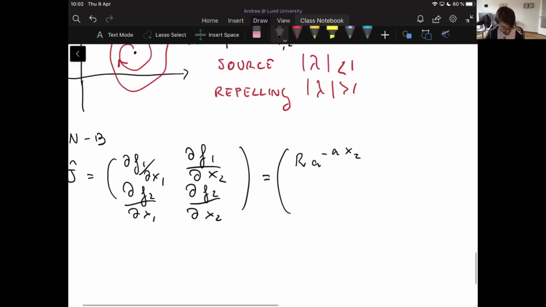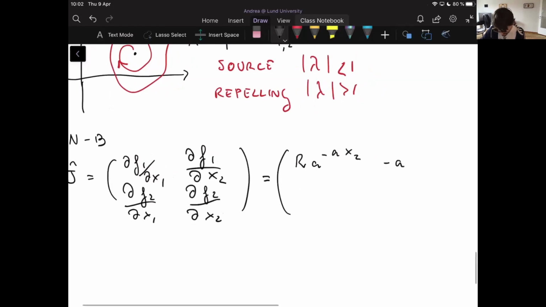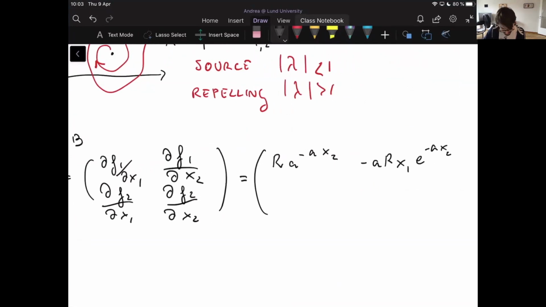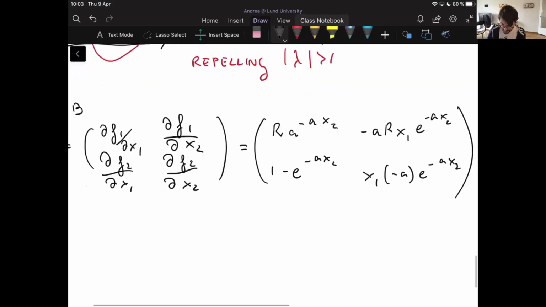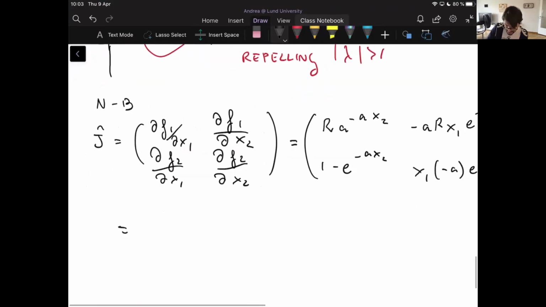it's pretty easy to do derivatives, of course, with respect to one or the other factor. So you can kind of immediately see that it is something like this: 1 minus e to the minus ax2, x1 minus a e to the minus ax2. So you simply derive the factors.